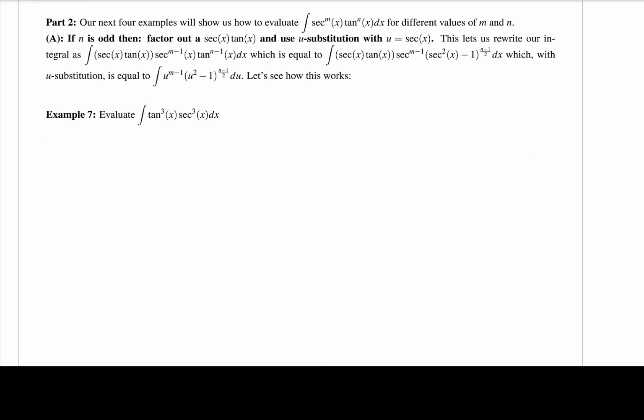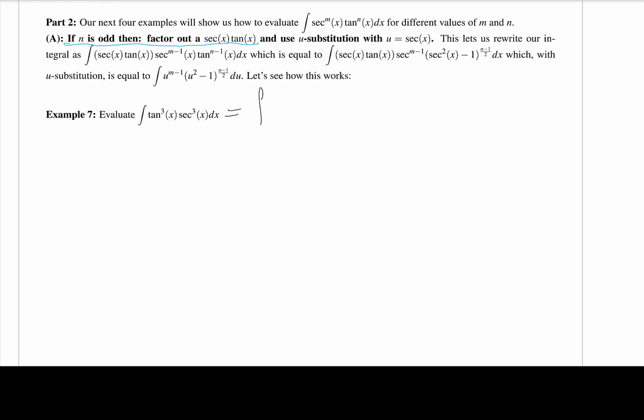Now for part 2, we're going to be looking at integrals that look like secant to some power times tan to some power. The first case we're going to look at is what happens if the power of tangent is odd. If the power of tangent is odd, then we are told to factor out a secant x tan x.